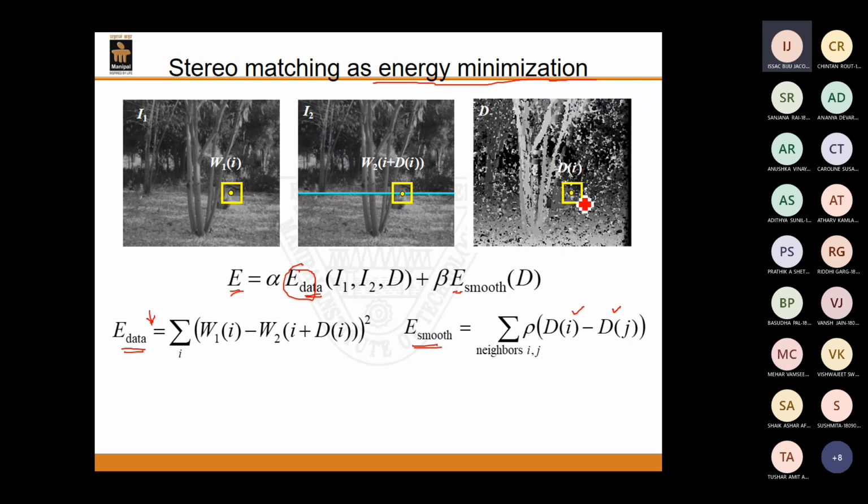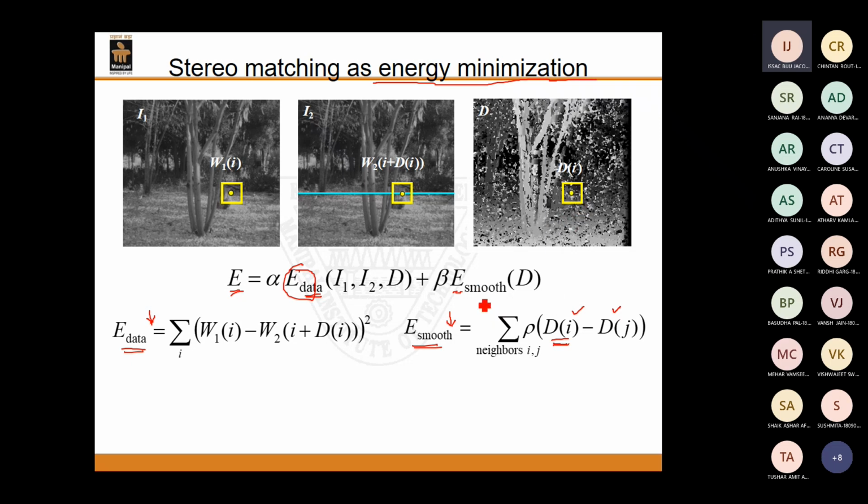In the sense that we take a particular point, let's say I, look at its neighbors, and find a function dependent on the difference. So I'm trying to see how different, or how less smooth, this particular pixel is with respect to its neighbors. By minimizing this, I'm saying that this whole neighborhood is a smooth function, and you do not have any sudden changes.